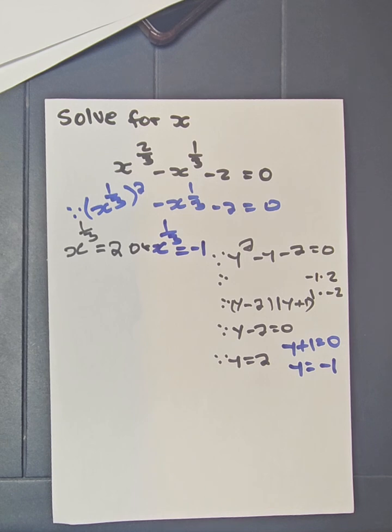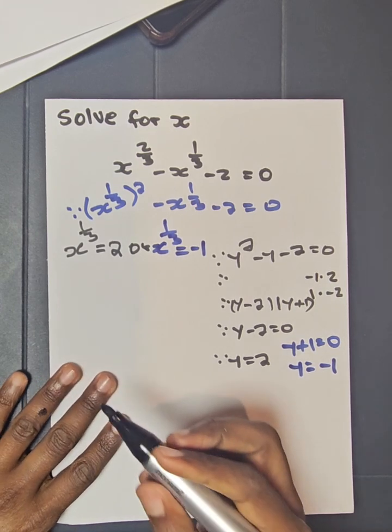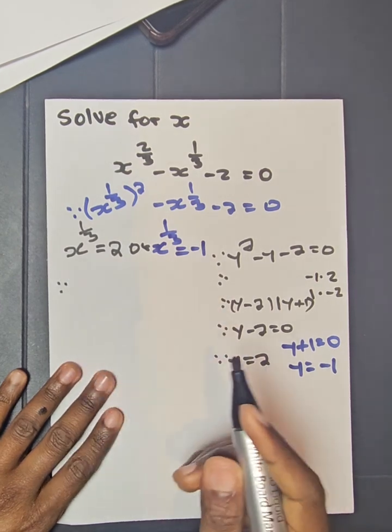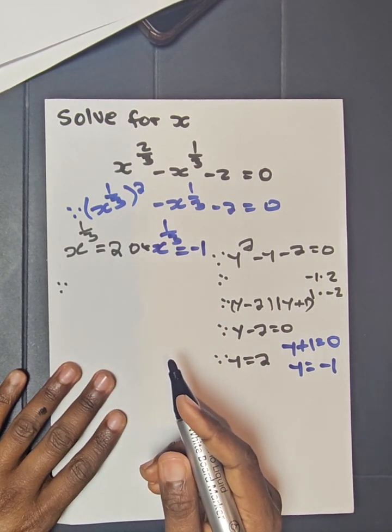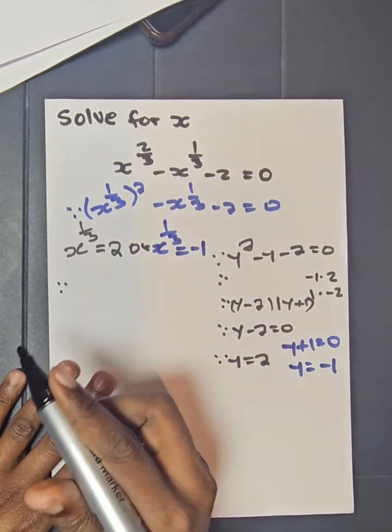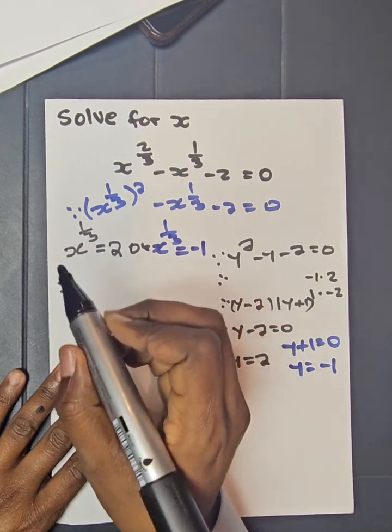Now, we need to work it out to find the x. How do we do this? Yes, we must have power equal to power. We're gonna therefore raise to both sides the reciprocal of the exponent of x.